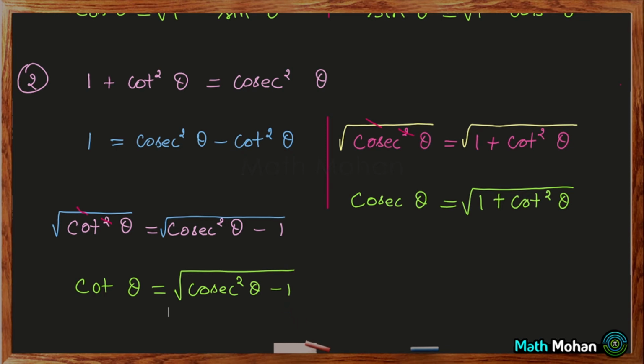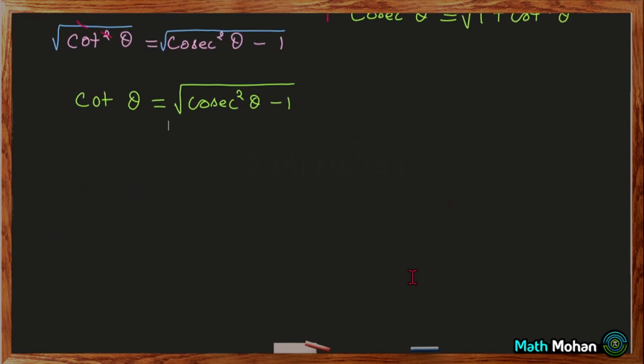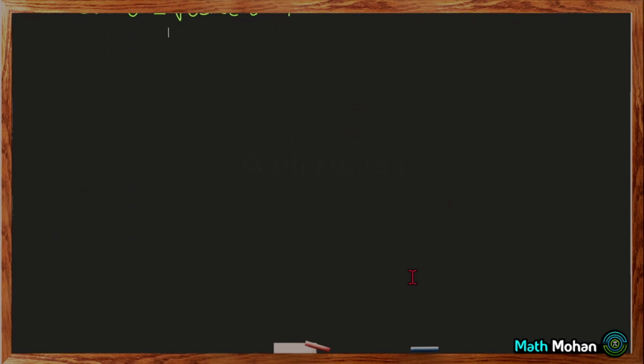So one more identity. The third identity is 1 plus tan square theta equal to secant square theta. In what way can we rearrange?